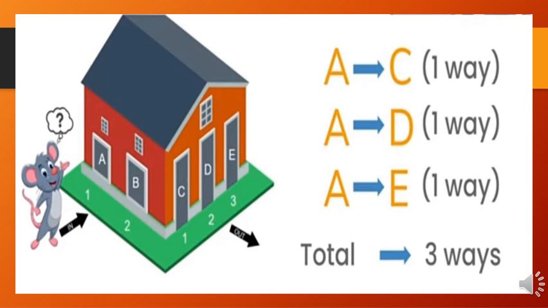Now here there are two ways, A and B, to go into the house, and then there are three ways to come out. How many ways are there to go and come out of the house? What is the total number of ways?